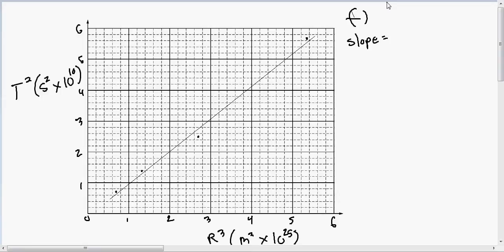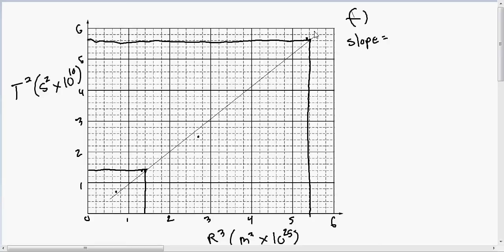So we're going to use one point right here, and one point up here, with a y value of about 1.4 times 10 to the 10th seconds squared, and 1.4 again down here. And up here, it's going to be about 5.4 and 5.6.